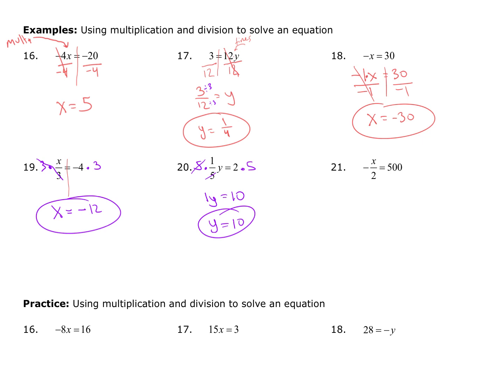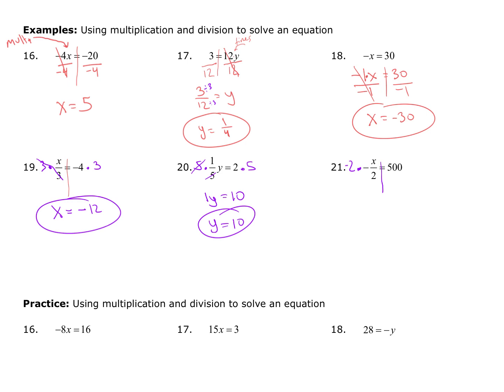Last problem. Number 21. Ooh, I have a negative fraction. Negative x over 2 equals 500. If you look at 19, it was just x over 3, and we multiplied by 3. So here, again, put your little line for the fraction and the equal sign, but then I'm going to put a dot left of the fraction, and the number I should multiply by is negative 2, because that's really what's there.